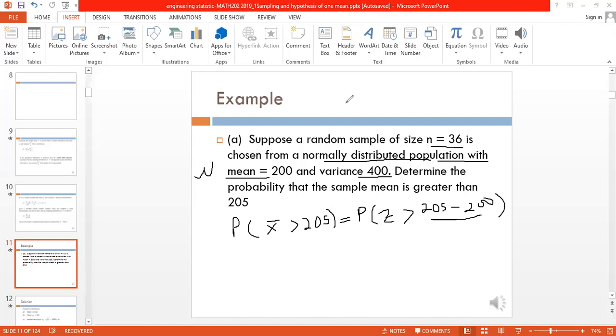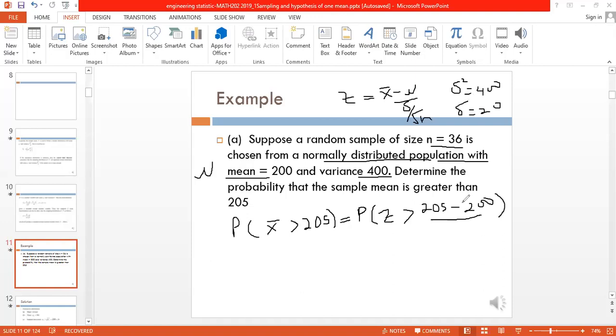So Z is X bar minus mu over sigma over the square root of n, okay? Take note of that. It's no more just sigma. So first you find the square root of the variance, which is 400, which will be equal to 20. So sigma is 20.